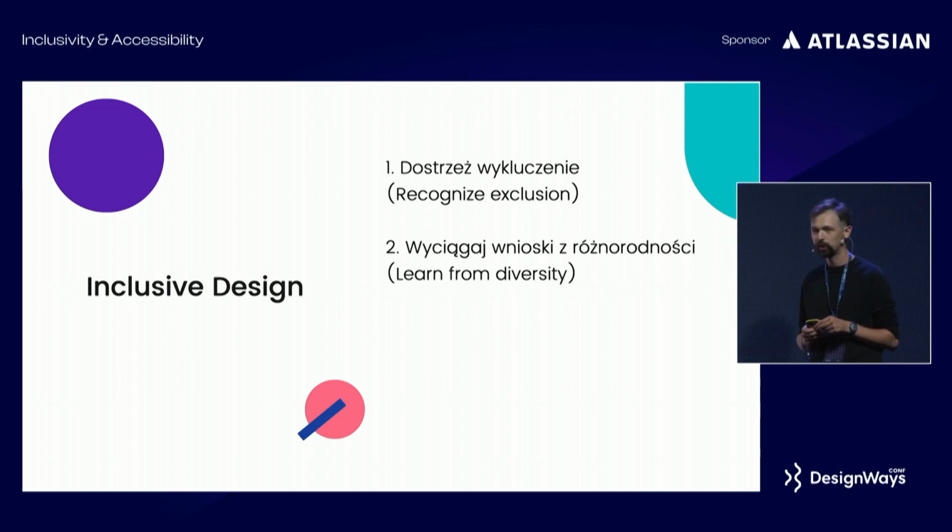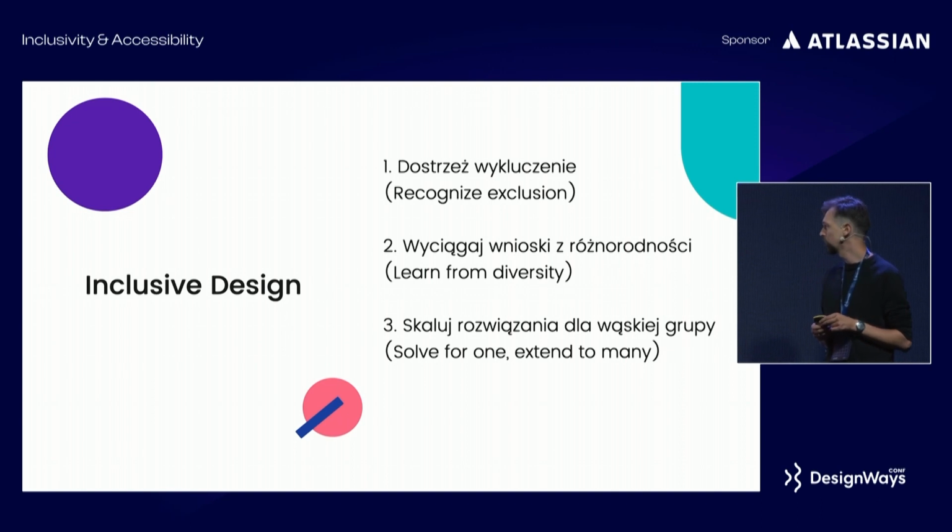Then we've got learning from diversity, drawing conclusions from diversity. It's a wonderful lesson. It can enrich our product and improve its usability. We simply develop and our product develops along with us.